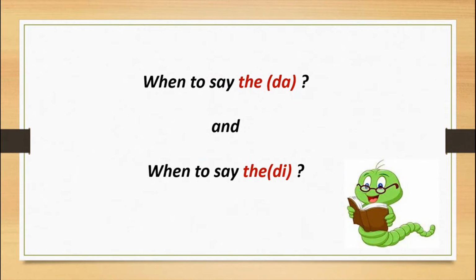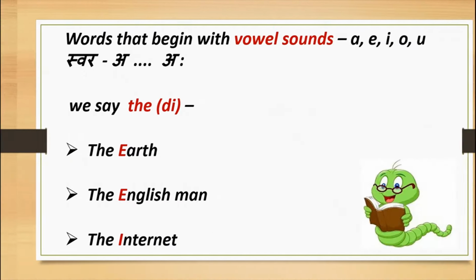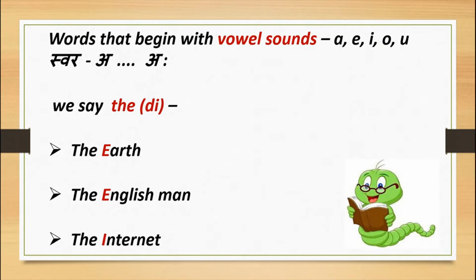Now, let's learn when to say the and when to say the. Words that begins with the vowel sound, that is a, e, o, or you can say swar, we say the. Say for example, the earth, the Englishman, the internet.